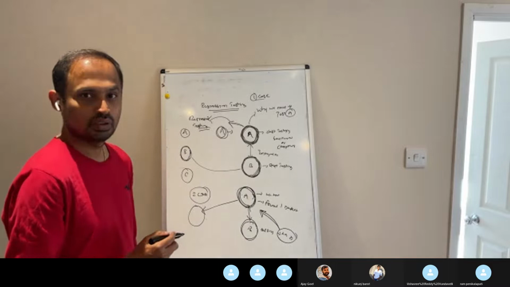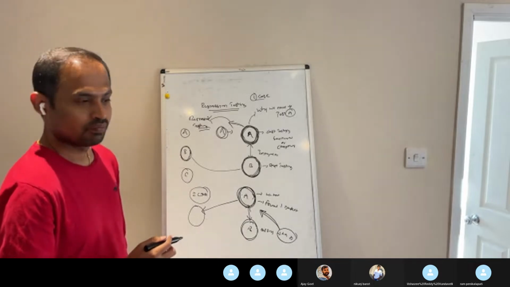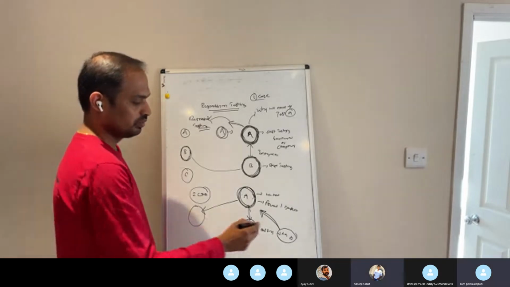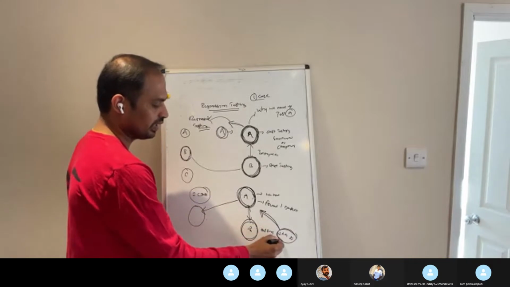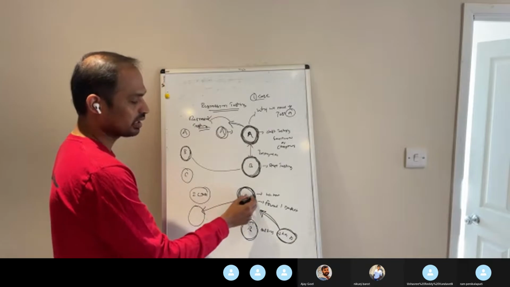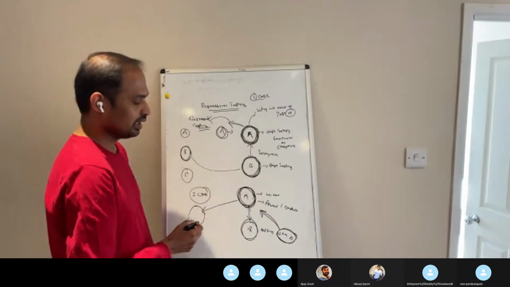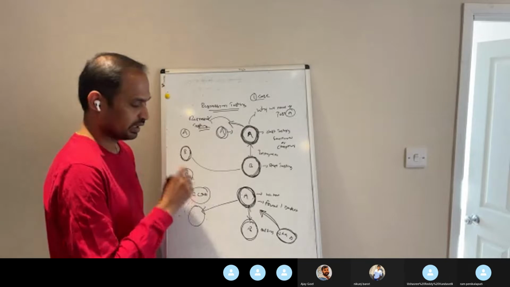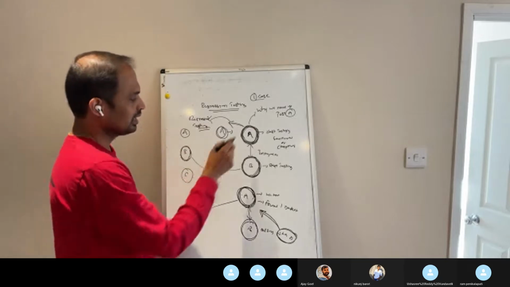Have you got it? Yes. Fixing a defect might affect the other functionalities of A. Okay, that's why we'll do regression testing. So same definition.